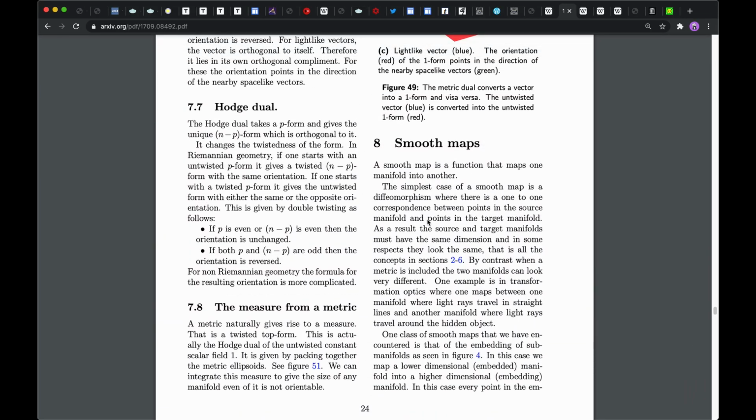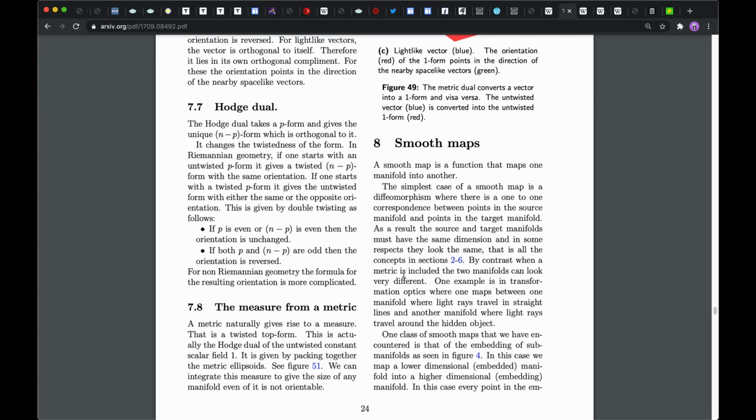So let's go further to the smooth maps chapter. A smooth map is just a function that maps one manifold into another smoothly. The simplest case is diffeomorphism, and in that case we have a one-to-one correspondence between the points of the source and target manifolds, and as a result the source and target manifolds will have the same dimension and same geometry, so basically they will be the same for all concepts described in section 2.6.